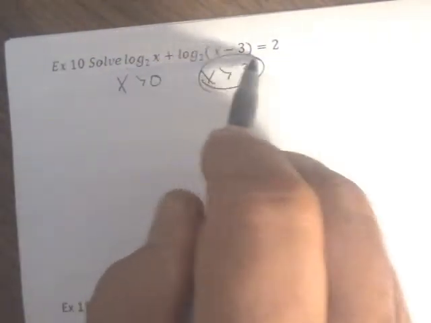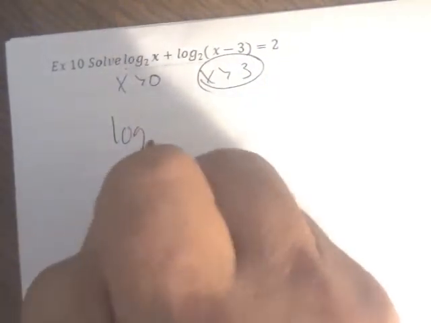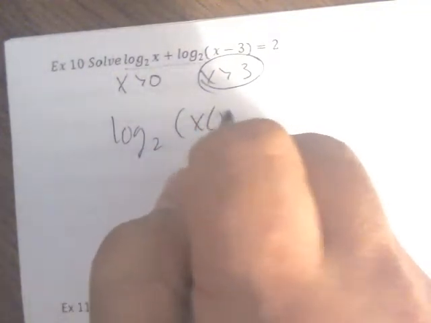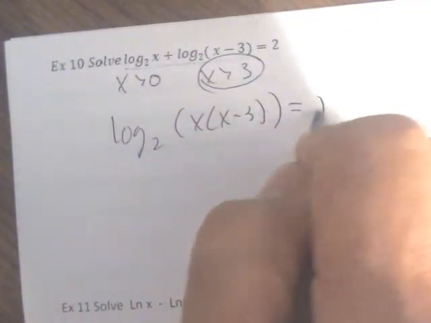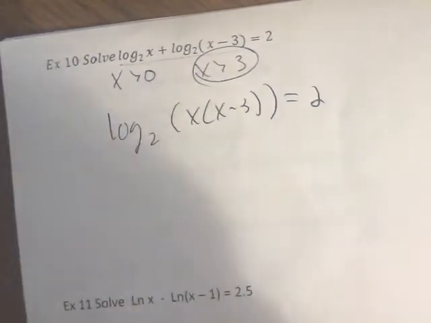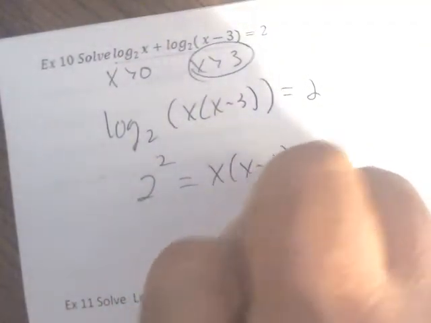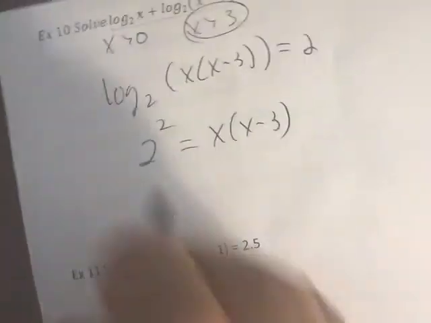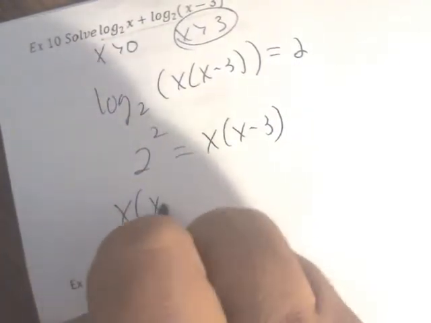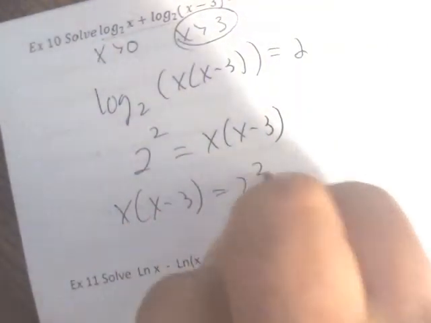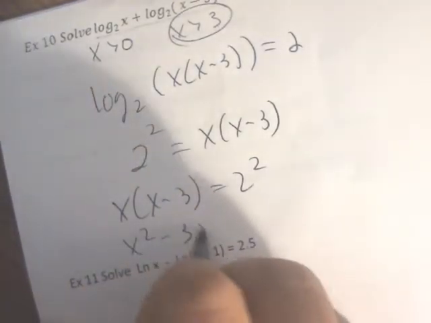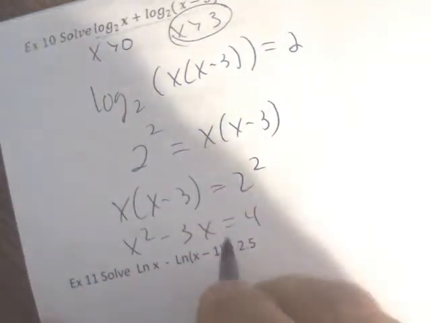So I'm going to take this and apply law 1. Change to the exponential form. Interchange my sides, and then go from there. X squared minus 3x is 4.